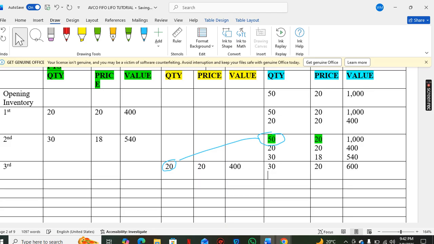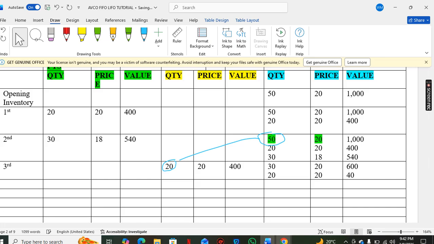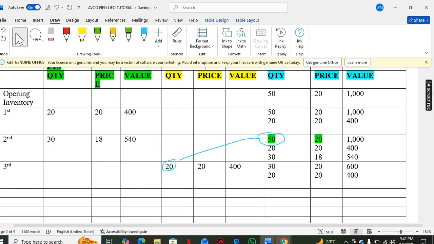Then we've also got these 20 units valued at 20 kwacha, which is 400 kwacha. And then finally, our latest stock was the 30 units valued at 18 kwacha, which is 540. Any questions before we go to the next part?